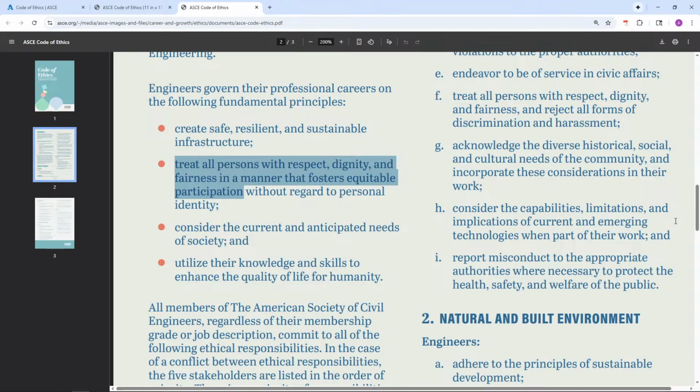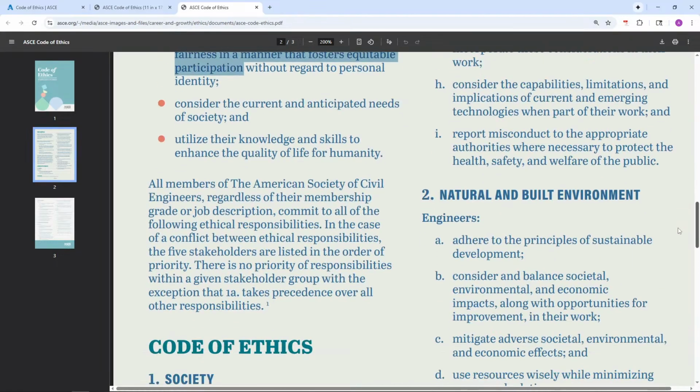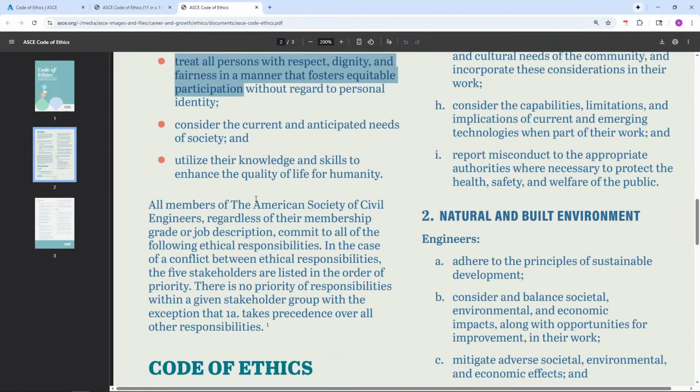Yeah. And so you see here, let's read this. All members of the American Society of Civil Engineers, regardless of their membership grade or job description, commit to all the following ethical responsibilities.